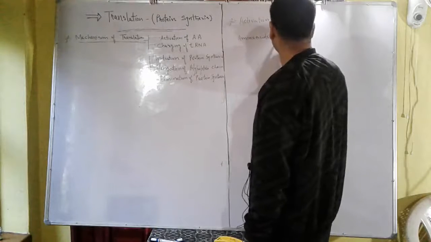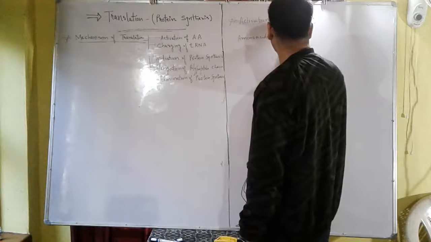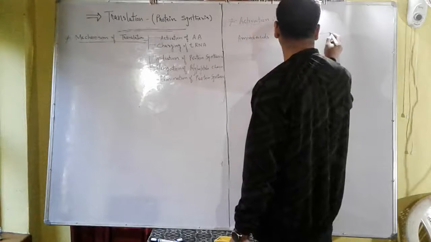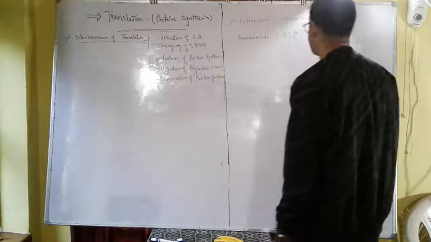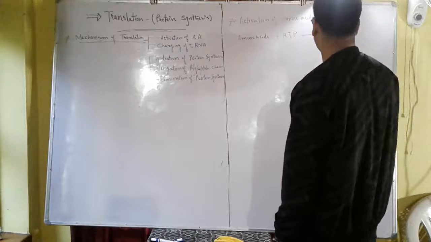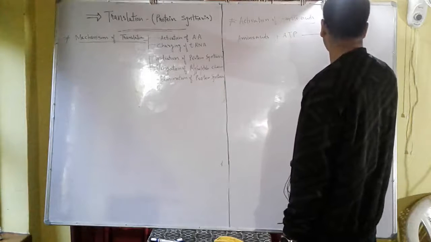We have amino acids plus ATP; these are called activated amino acids.